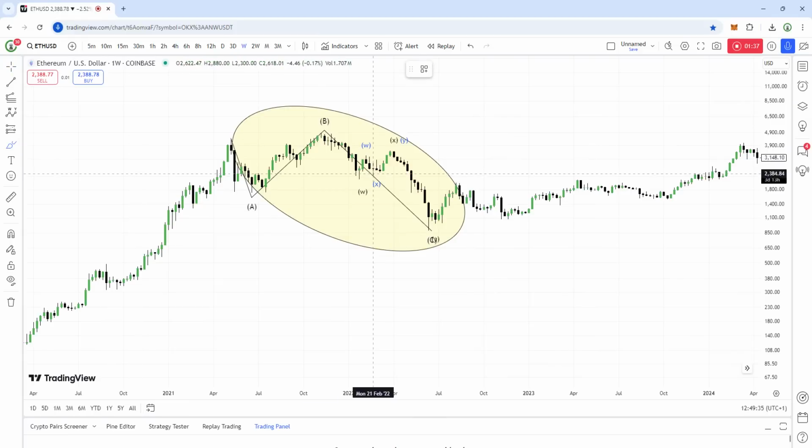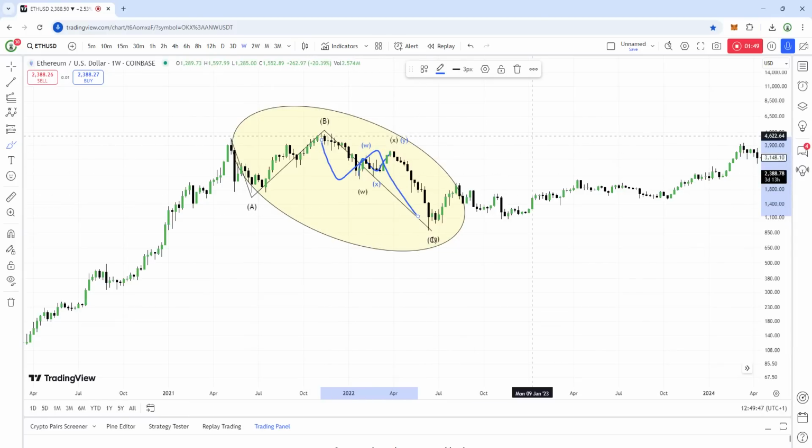And what I mean by that is that this corrective phase was three waves. So that's good. And we have this 1, 2, 3. So that completes our corrective phase, okay? So in my opinion, that is higher time correction complete.